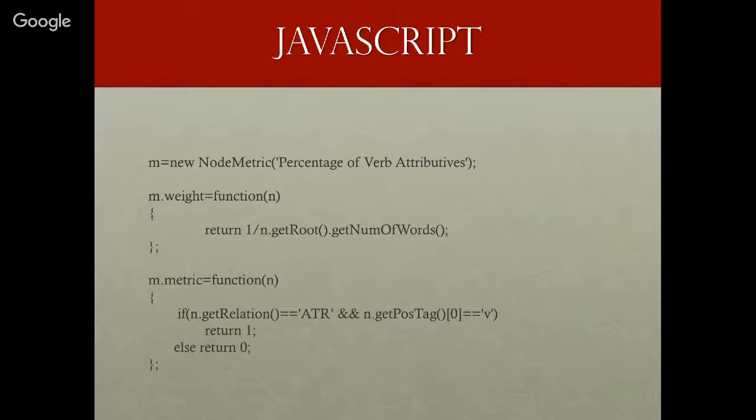And then, after you have calculated the number of words, the next function is go to the node and get the relation, make sure that it equals atr, and also the post tag, get post tag, is marked as v, which indicates a verbal attributive. In this case, return 1, else return 0. And I basically used that particular function to calculate all the metrics that I've said so far.